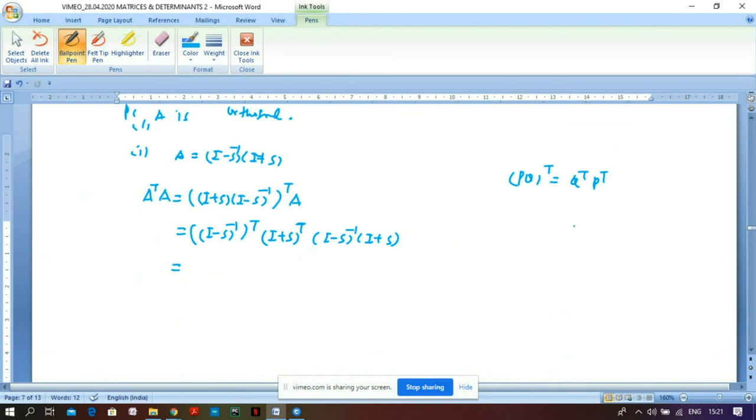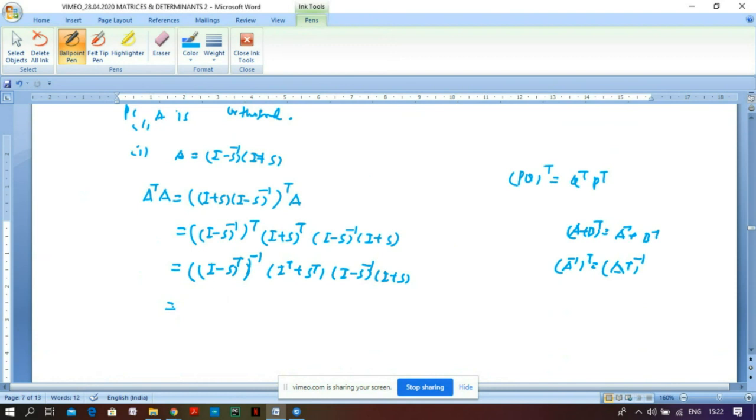Now, I plus S transpose. A plus B transpose gives you A transpose plus B transpose. And A inverse transpose is nothing but A transpose inverse. So we can write this. First here we write I minus S transpose inverse, I transpose plus S transpose, I minus S inverse, I plus S. Now I minus S transpose, again A plus B transpose, so I can write I and minus S transpose inverse.